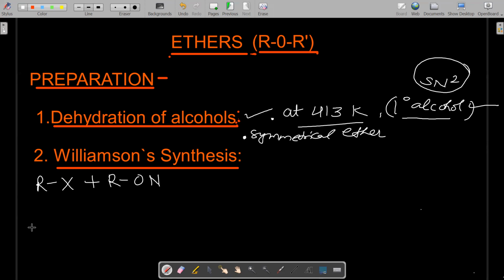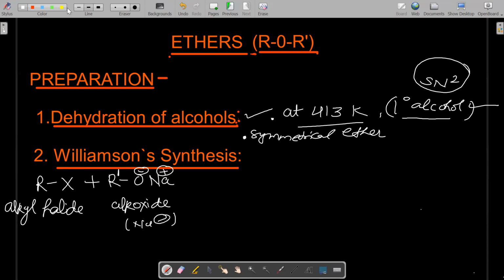What is this reaction? In this reaction, alkyl halide, that is RX, reacts with sodium alkoxide, R'ONa, in which the alkoxide ion acts as a nucleophile. Hence it is a type of nucleophilic substitution reaction in which this nucleophile attacks the alkyl carbon and eliminates X minus.